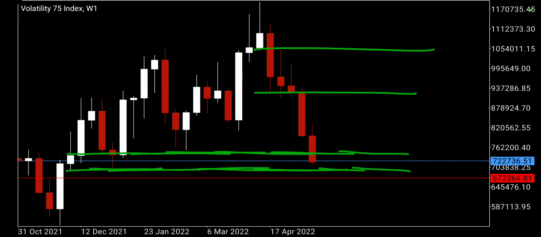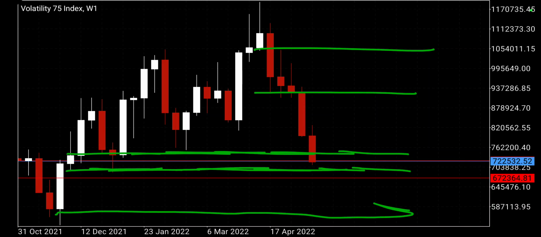The price has been bouncing here nicely, so if that one fails, it means we will be going for the last one, which is going to be a very nice one, because it is also inside that monthly one. So it will be a weekly support inside a monthly support.